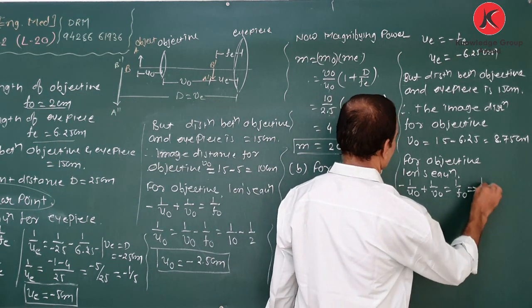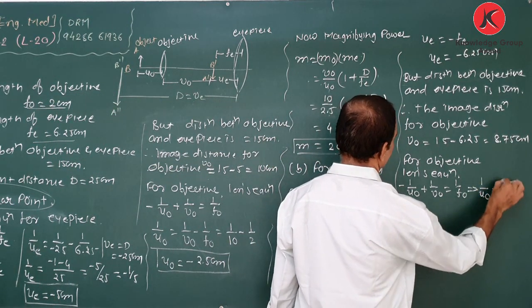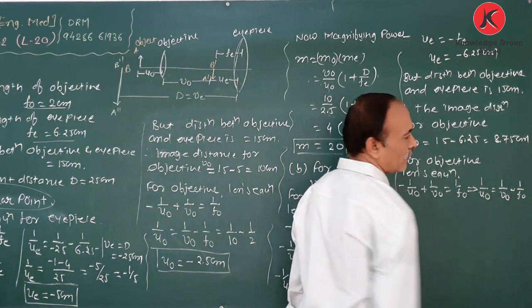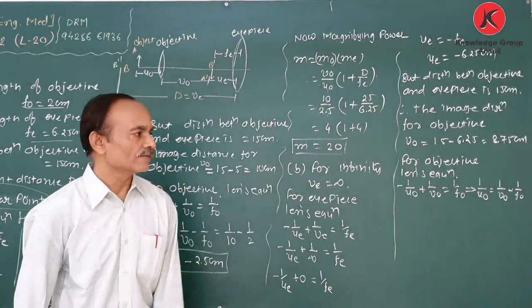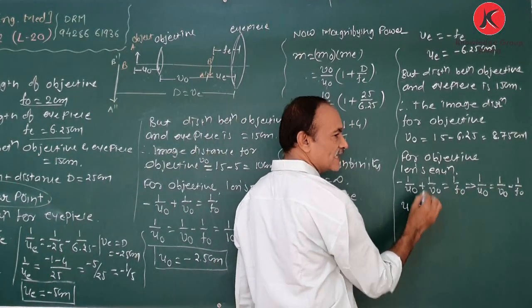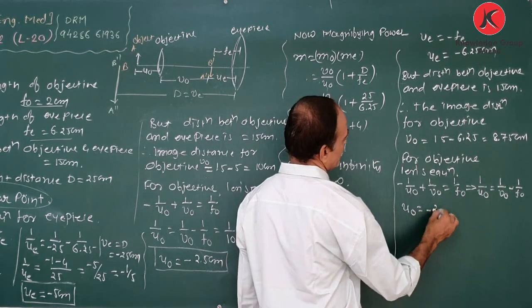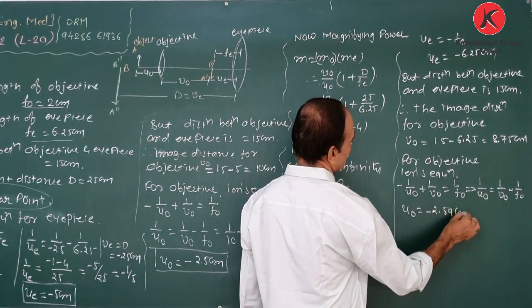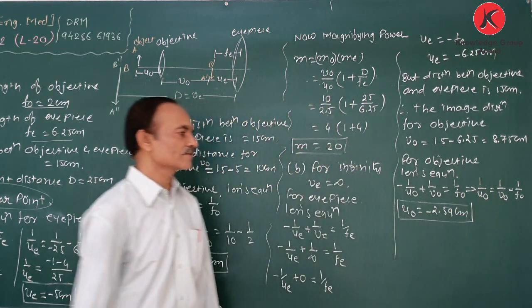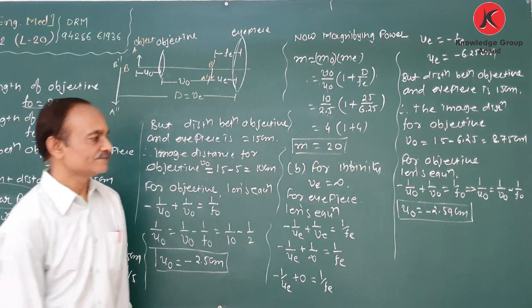From this equation, 1 upon U0 is equal to 1 upon V0 minus 1 upon F0. As we substitute the values, we obtain the object distance as minus 2.59 centimeter.